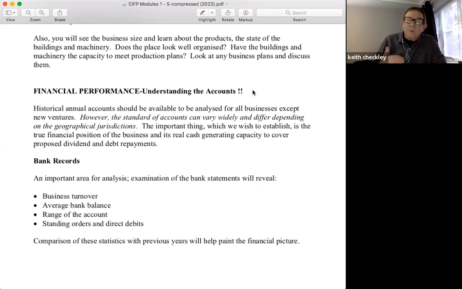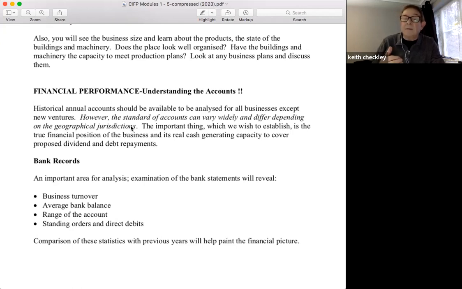So what we'll be seeing with accounts is generally, of course, the accounts will be historical. The quickest annual accounts I've ever seen produced was 3 months after the year end, and this was on a large corporate basis, so the accounts can be dated, and the standard of the accounts can vary widely and differ depending on the geographical jurisdictions.